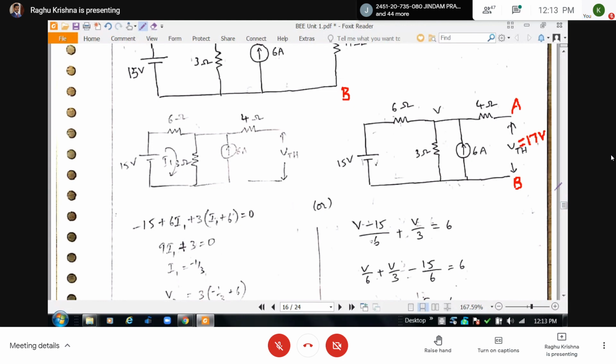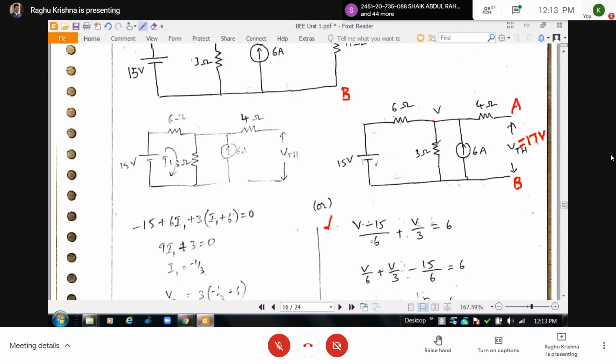V minus 15 by 6 is the outgoing current, V by 3 is the outgoing current, and the incoming current is 6.